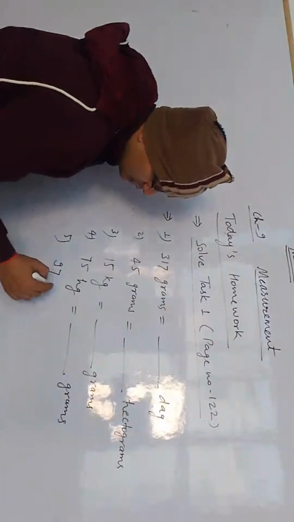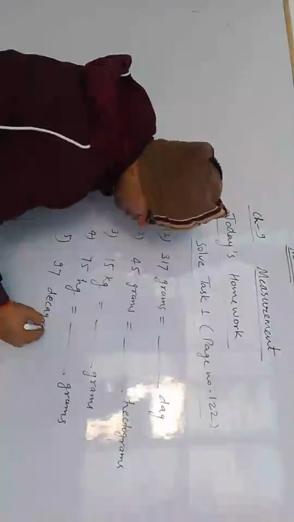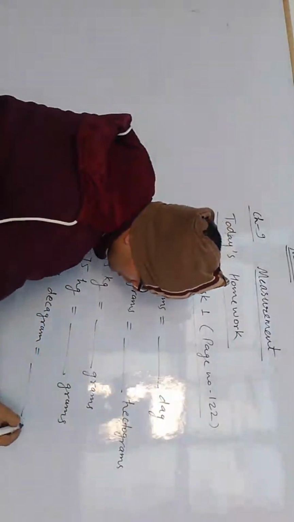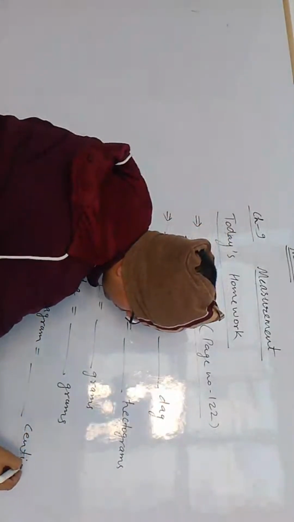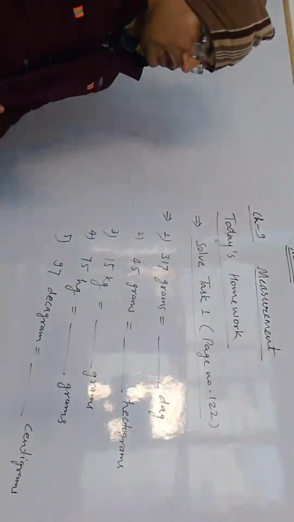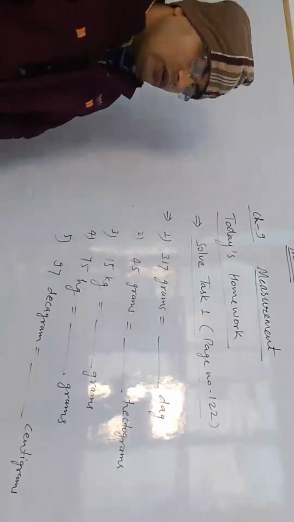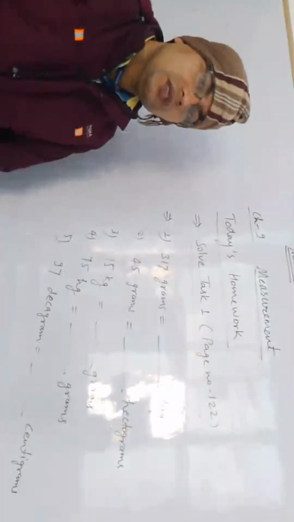And 97 decagram is equal to how much centigram? 97 decagram is equal to how much centigrams? Okay, dear students, note down these questions, and after solving them, send them in.